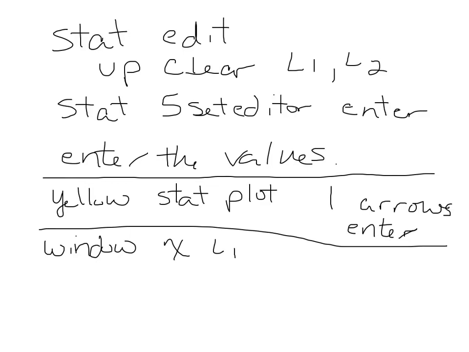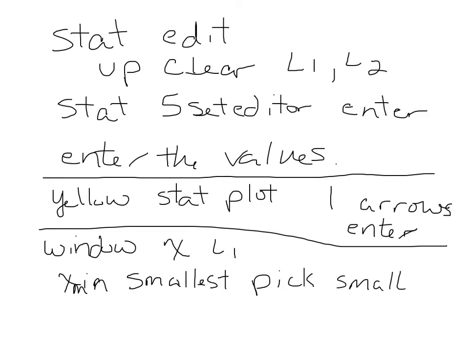So when you want to determine the number for X min, you will take your smallest number in list 1 and pick something smaller than that. I would say something that ends with a 0 or 5 because you want to make it easy for you to count.